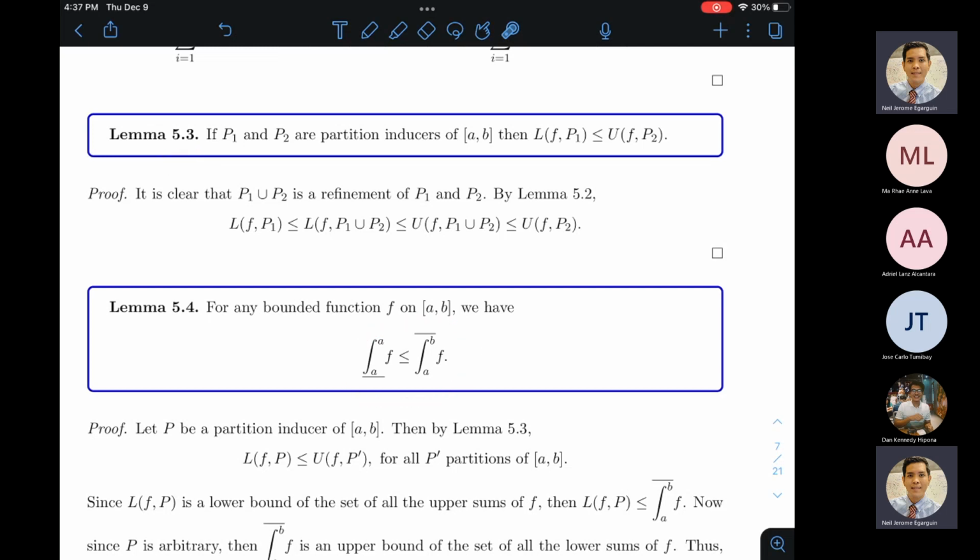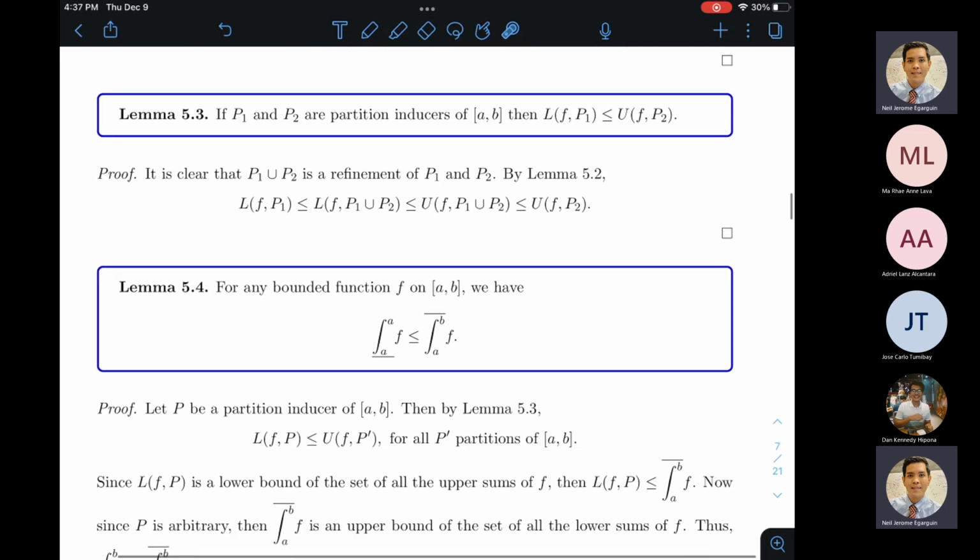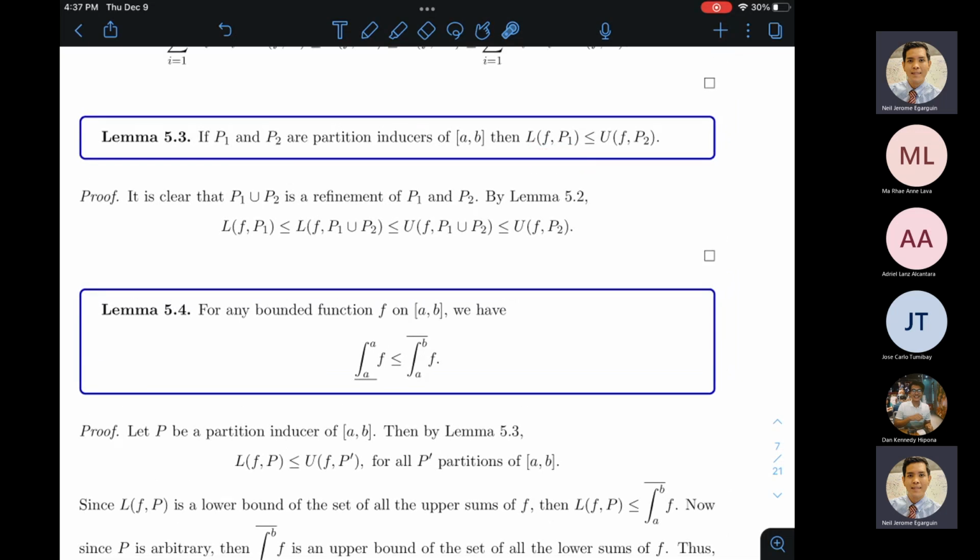Na kapag kumuha tayo ng dalawang magkaibang or dalawang partition inducers na posibleng magkaiba ng same interval AB, the lower Riemann sum with respect to the partition inducer P1 is less than or equal to the upper Riemann sum of F relative to the partition inducer P2.